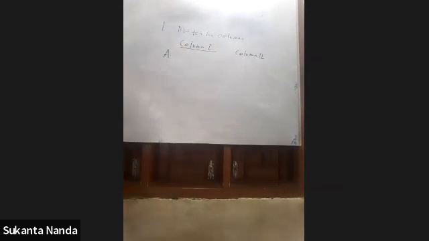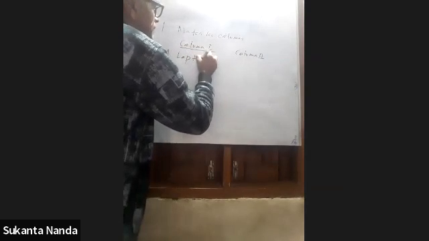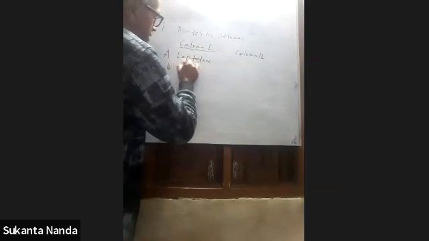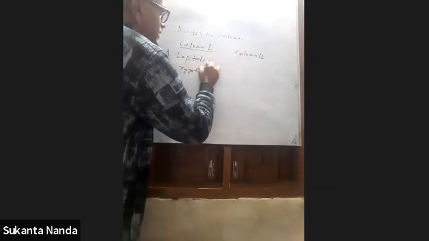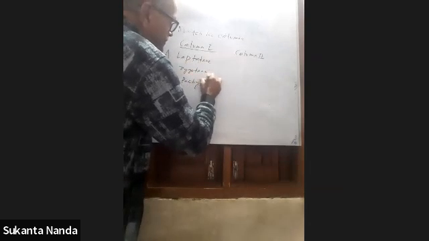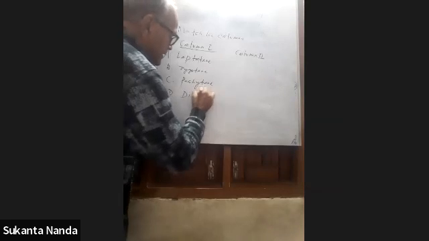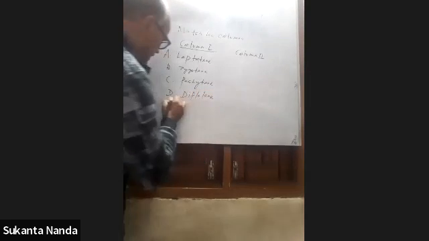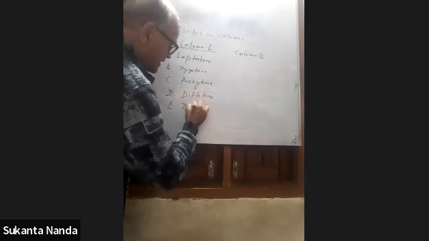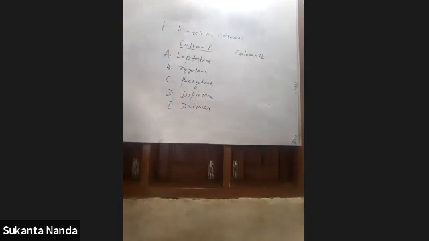A is leptotene, B is zygotene, C is pachytene, D is diplotene, and E is diakinesis. Very mindfully you see it.